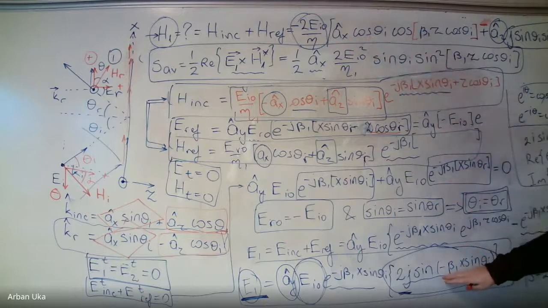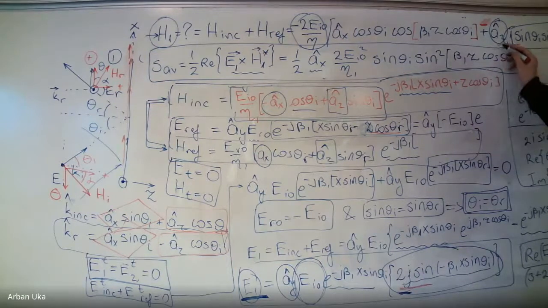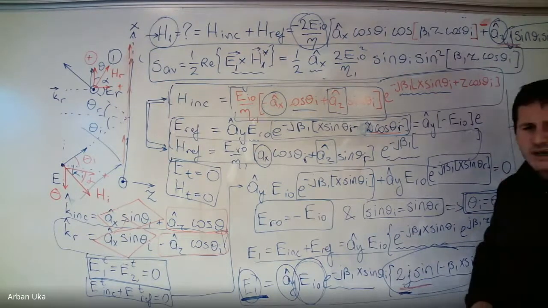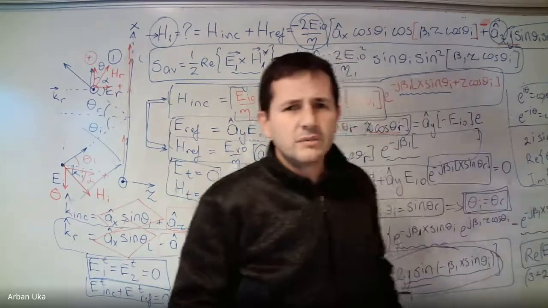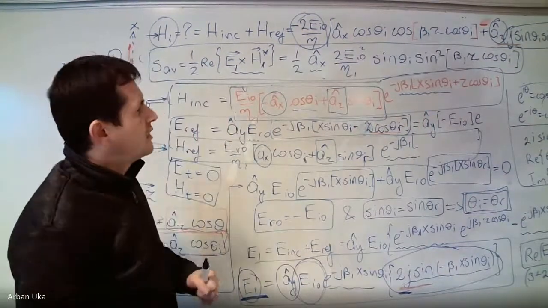But if we multiply a purely imaginary part, where we have this j here, with another imaginary part, we know that when we multiply two imaginary parts, we get a real part, because j times j is -1.